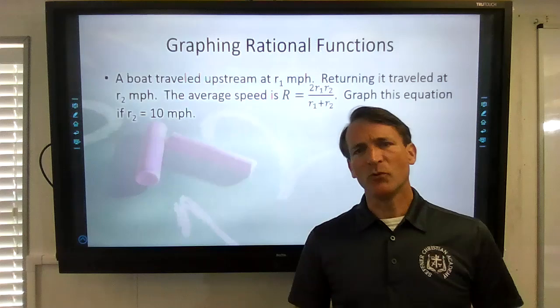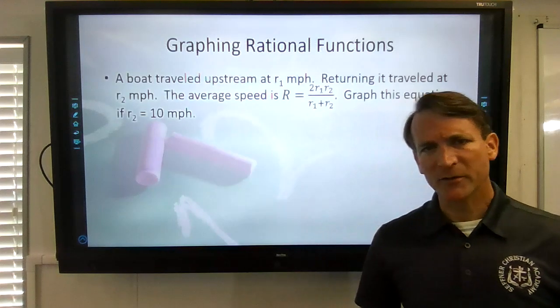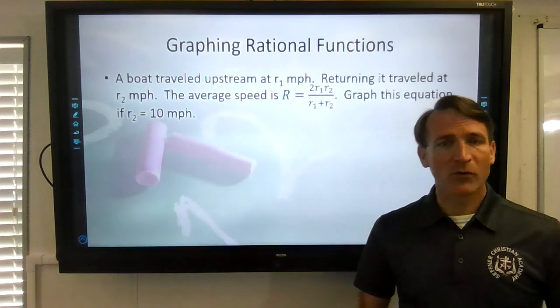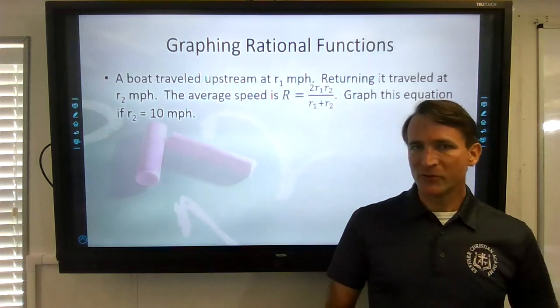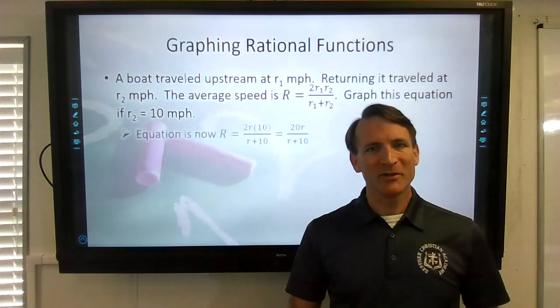So what do you think we need to do first with this equation? I'll give you a moment to think about it. If you said substitute in for our R2 value, the positive 10, you are absolutely correct. That's exactly what we need to do. It's going to make things a little bit simpler.